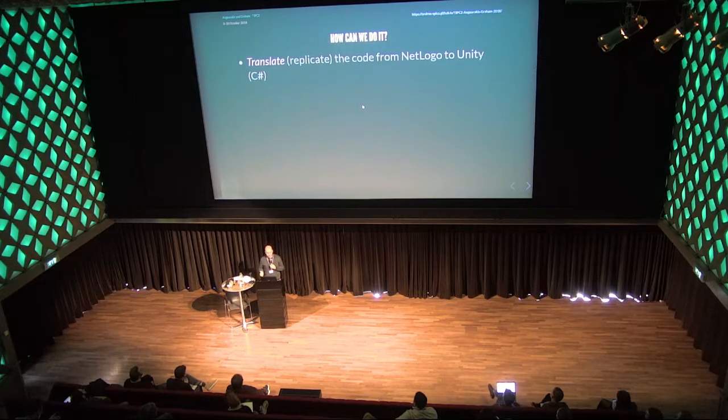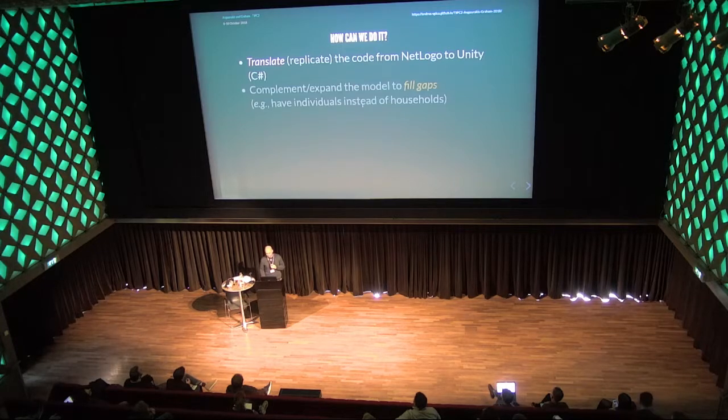How did you do it? Well, first I had to translate the model, which is coded in NetLogo, to Unity. In my case, I had just started learning Unity, so I chose Unity. Also to complement and fill the gaps, since the model doesn't specify a lot of things that games need. And also to set up a game actually using this model.